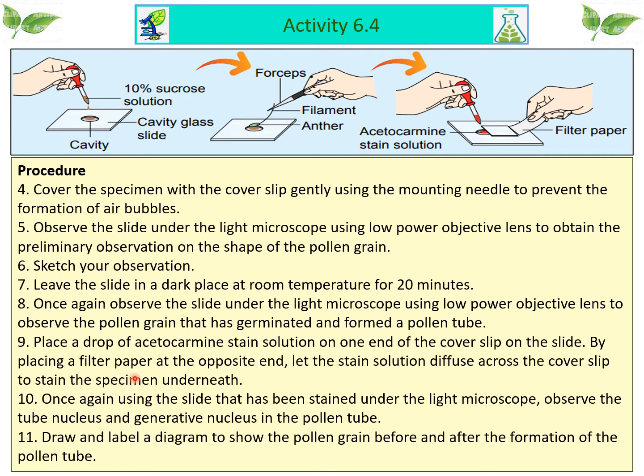By placing a filter paper at the opposite end, let the stain solution diffuse across the cover slip to stain the specimen underneath. Once again, using the slide that has been stained, observe under the light microscope the tube nucleus and generative nucleus in the pollen tubes. Draw and label a diagram to show the pollen grains before and after the formation of the pollen tubes.